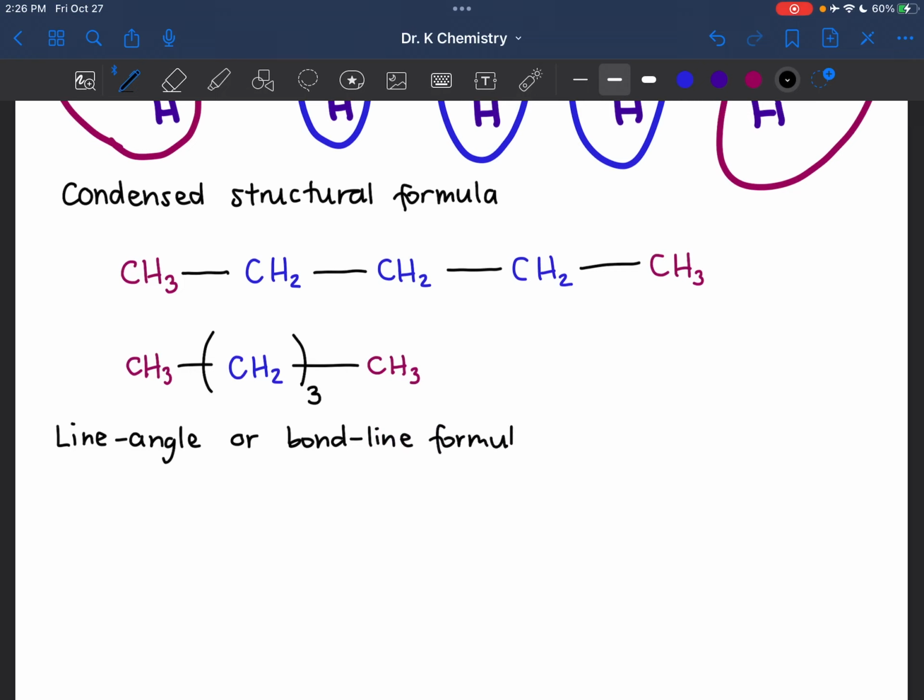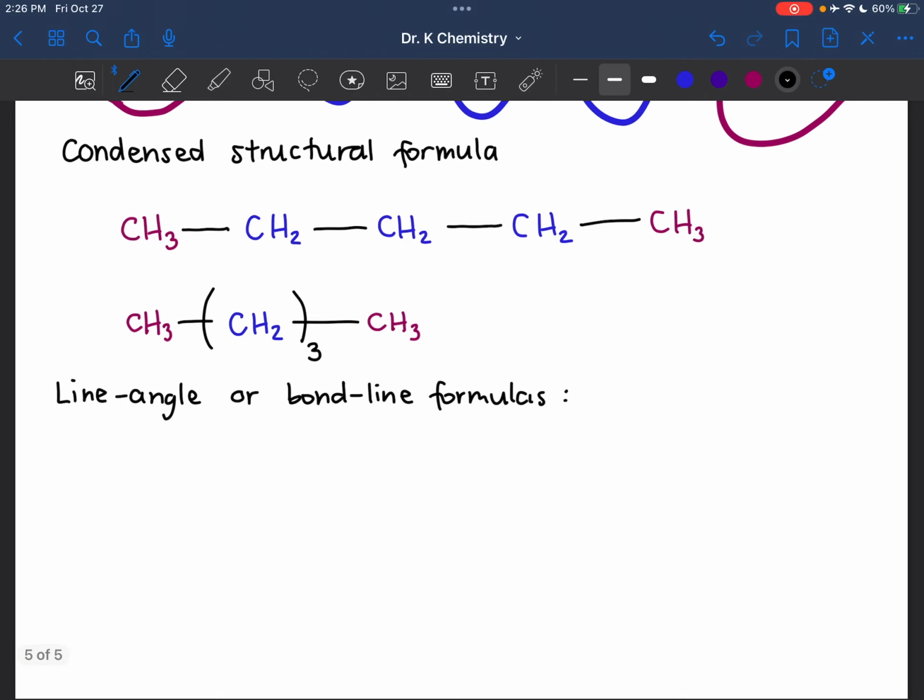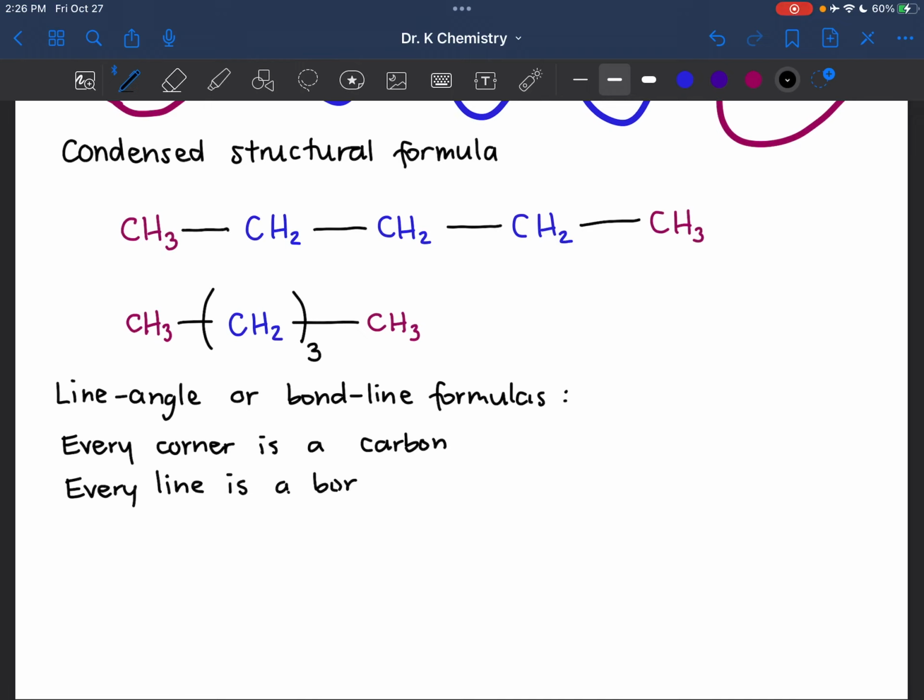These are really the same thing, just different names for the same thing. They're synonyms. And in this system, every corner is a carbon. Every line is a bond. And hydrogens are not shown on the structures.